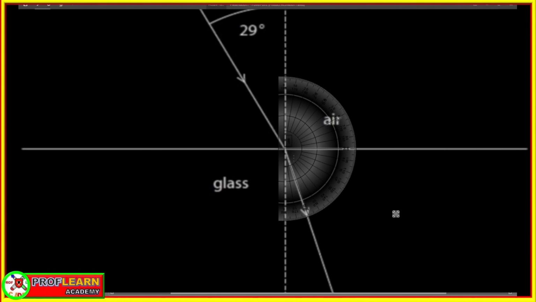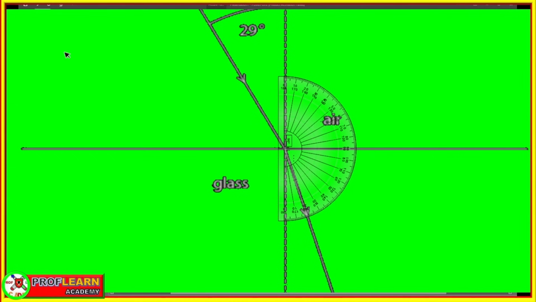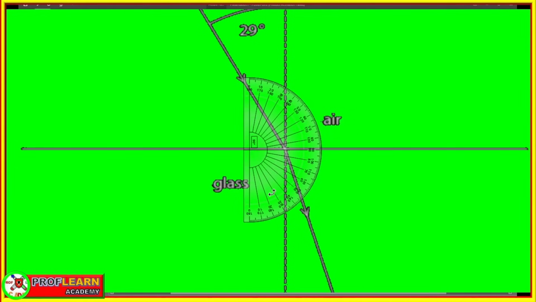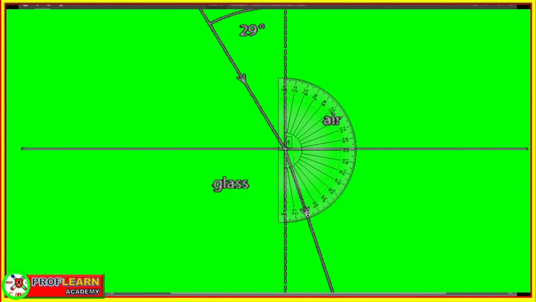Let me just take you straight so that I can use my protractor and measure that. Let me change the color of this one so that you can see it properly. And you can see if we check, the angle of refraction is around 19 point something, around 19. This is approximately 19 degrees.